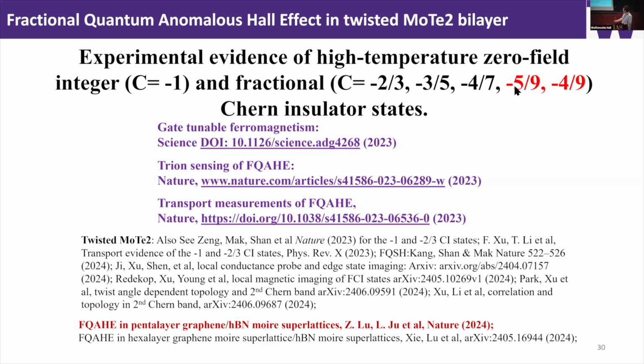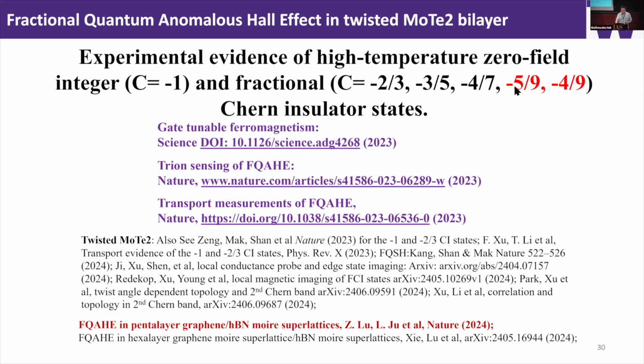And I think a couple of months ago, the FQAH effect was also reproduced in multilayer graphene by a group in China. So I would say that right now we have two material systems to study the FQAH effect: one is twisted MoTe2, the other is multilayer graphene. And I would not be surprised if a third or fourth system appears in the near future.